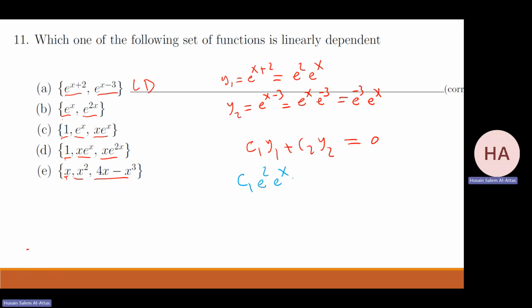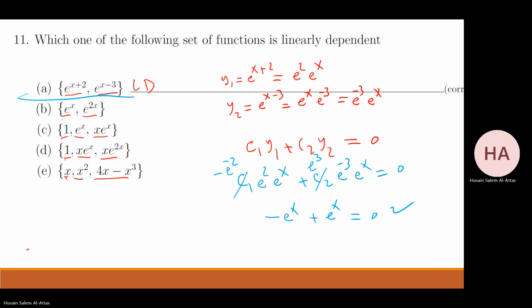So I have e squared e to the power x, and here I have c2 times e to the minus 3 e to the power x. I can choose c1 to be minus e to the minus 2. So this will be minus e to the power x. And I choose c2 as e to the power 3. So that gives me minus e to the power x plus e to the power x, which is 0. So this is for sure linearly dependent. The rest, I think you can do by inspection or by Wronskian.